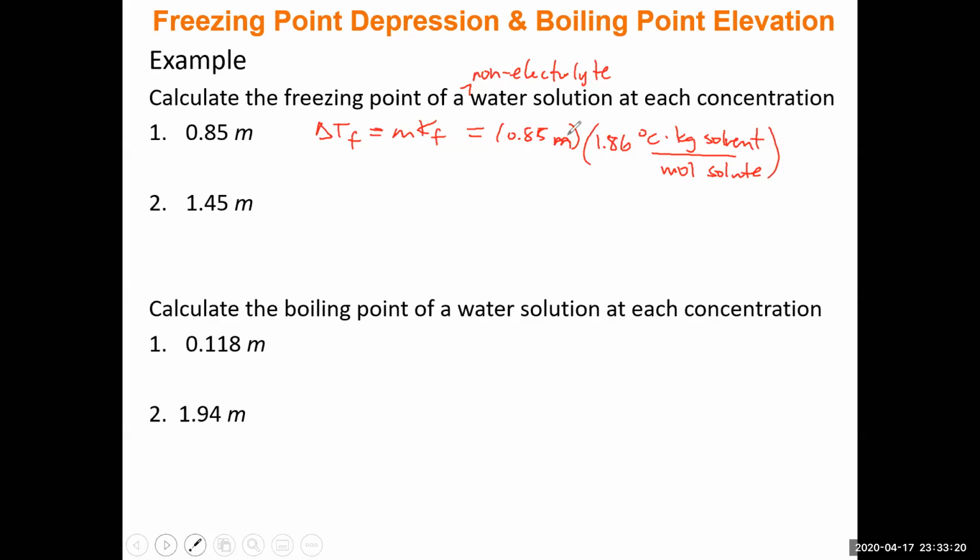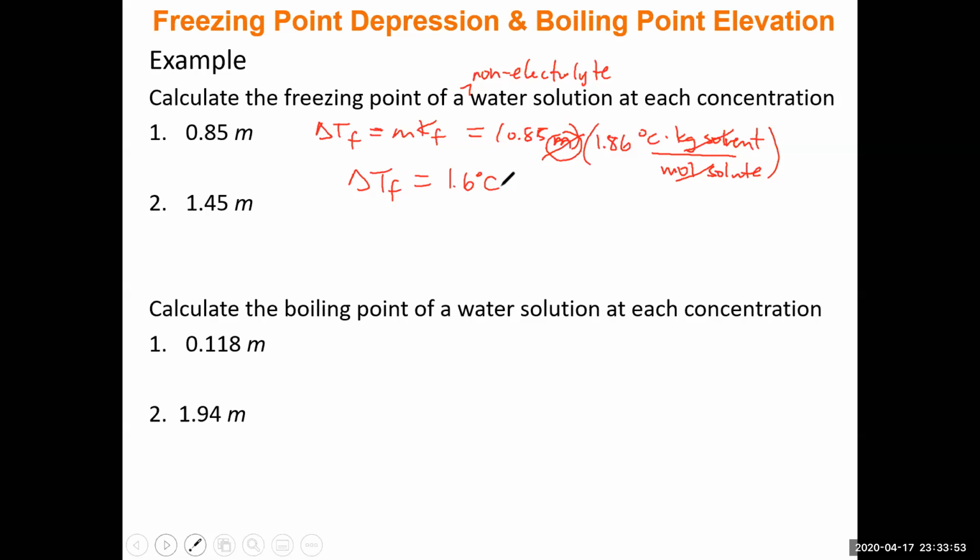Remember that molality is broken down into moles of solute over kilograms of solvent. So the units of molality cancel out with the moles of solute and kilograms of solvent that are in our K sub F. So multiplying these two numbers, we get the delta TF is equal to 1.6 degrees Celsius.